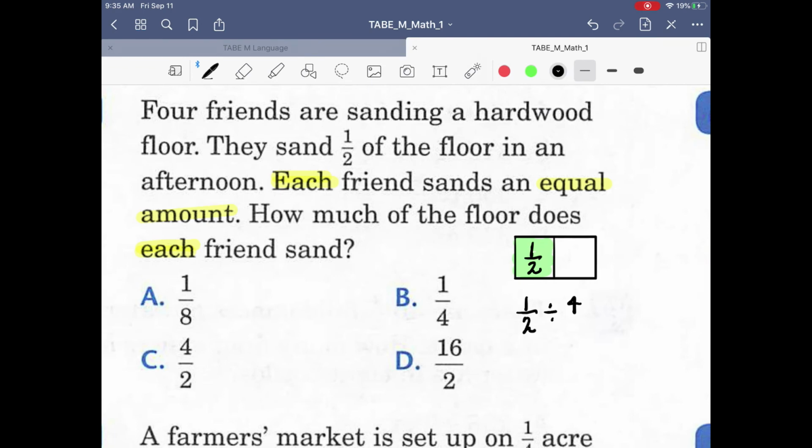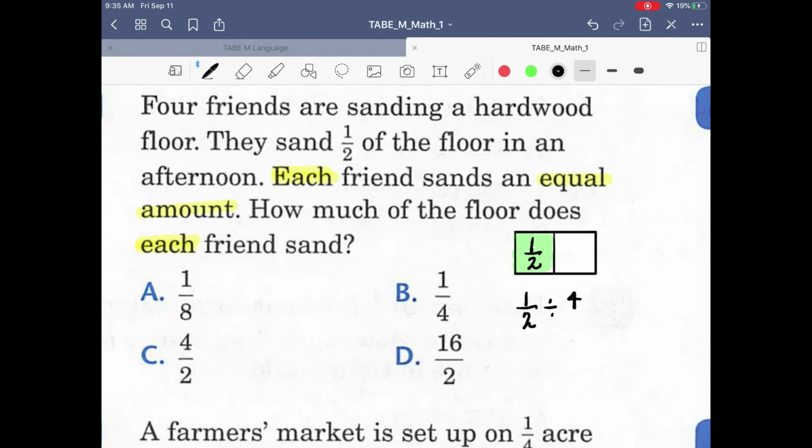If you're watching this video for HiSET and you have the calculator, I encourage you to go ahead and use the calculator. If you don't have the calculator, here's how you do it by hand. The first thing I want you to do is to put a 1 underneath that whole number 4, so that you have 2 things that look like fractions.